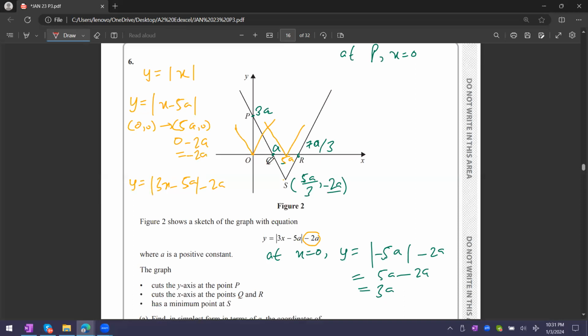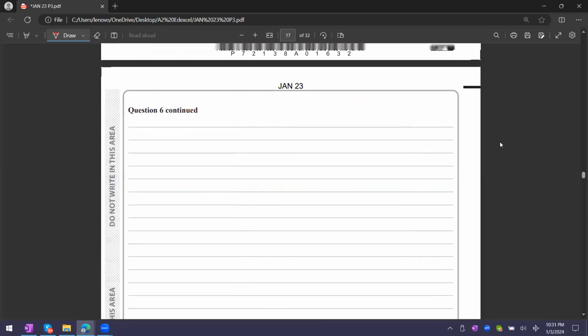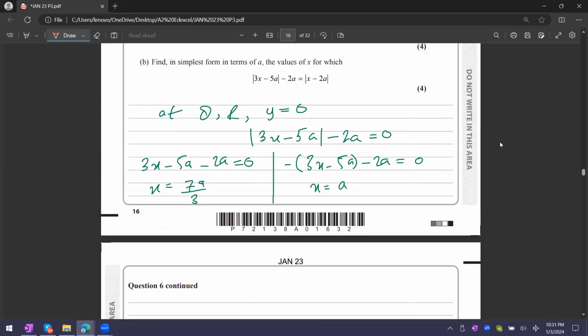There is some line, x minus 2a, and you need to give the coordinates where the line will intersect the absolute function. So we don't need to consider the graph really. We can just solve this part.